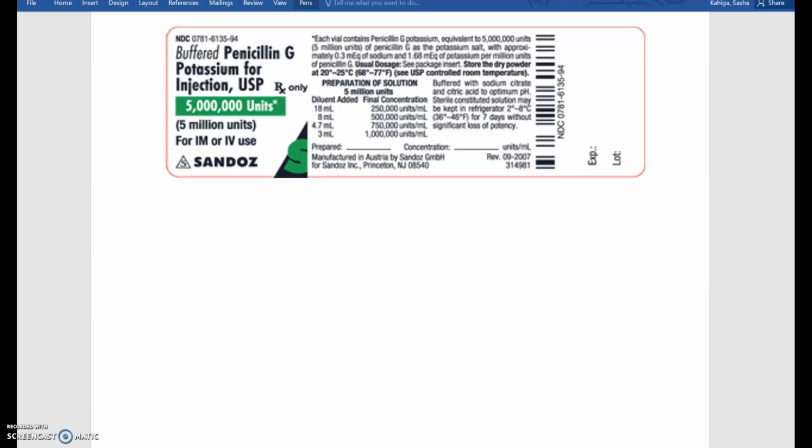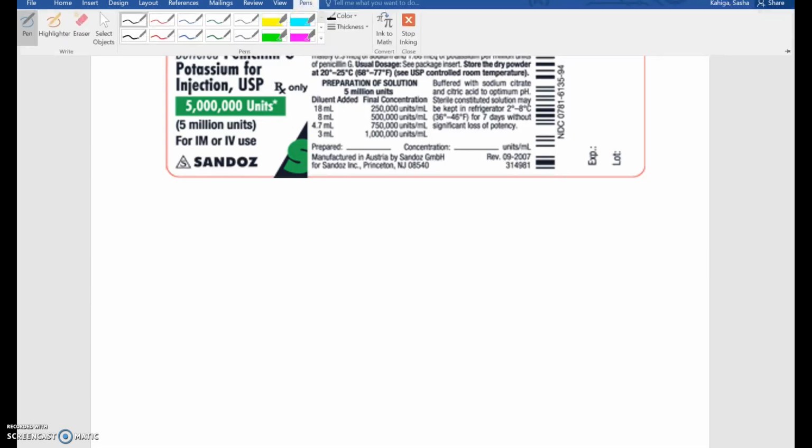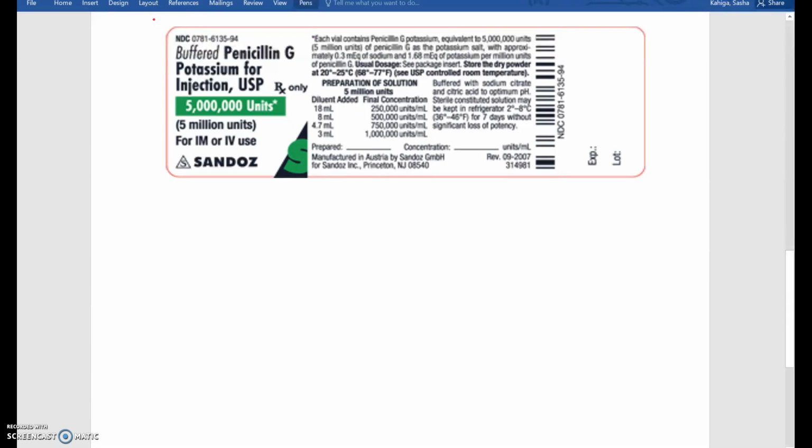But remember, before on the amoxicillin label, we identified certain components of that label when it comes to powdered drugs. Now we are going to identify some components on this label for this penicillin G potassium for injection label.